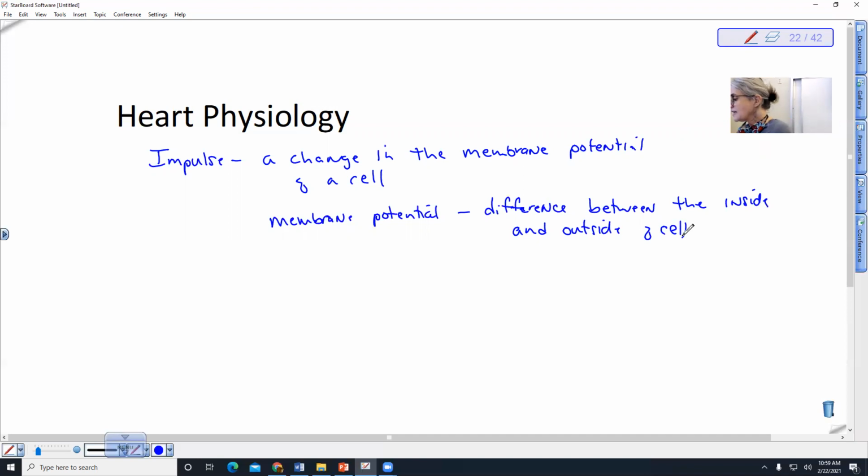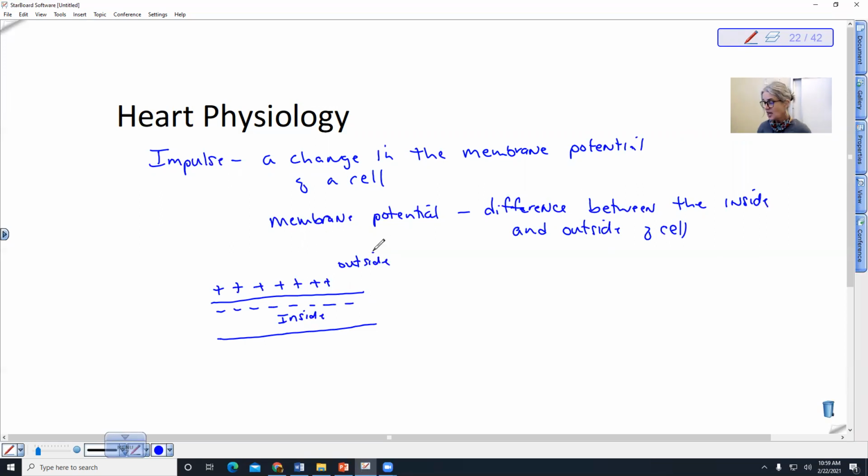If I look at the inside of my cardiac muscle cell, it would generally have a negative charge on the inside and a positive charge on the outside. So this is the inside of my cell. This would be my outside of my cell.